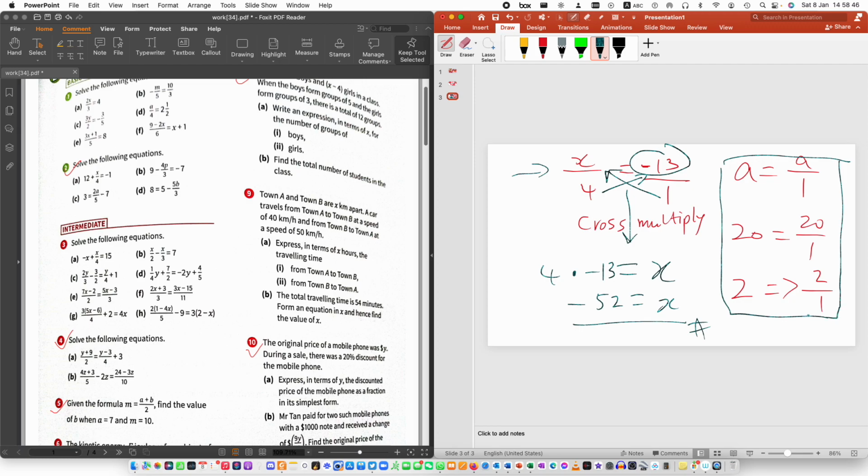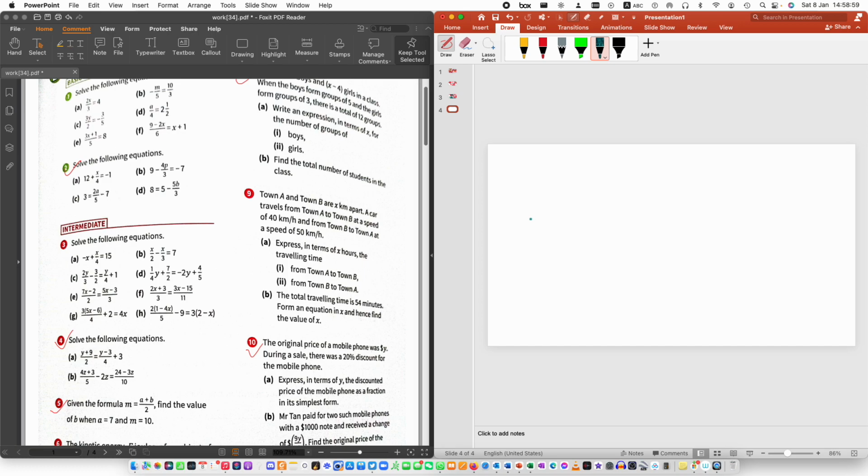Okay, good. With this understanding, can you attempt 2D? You can do it on a piece of paper.